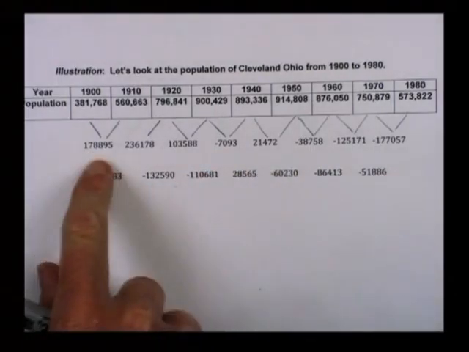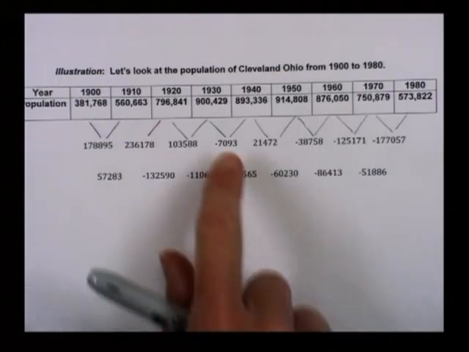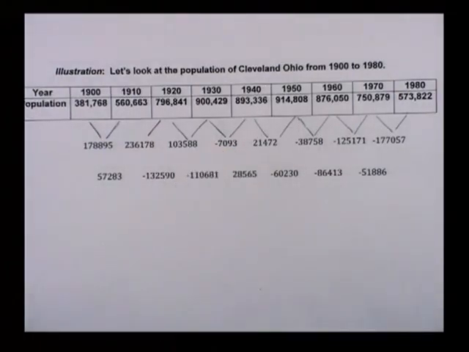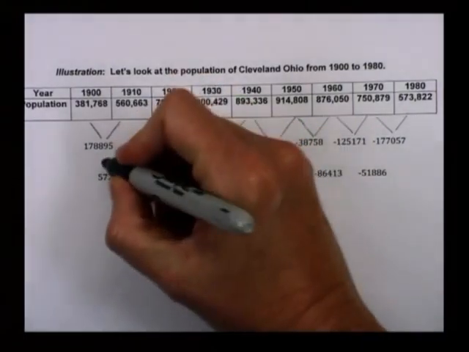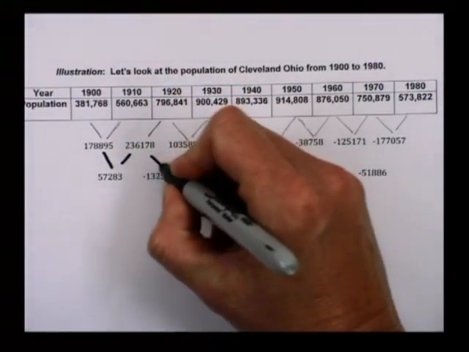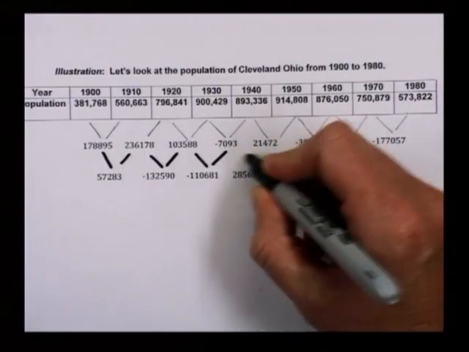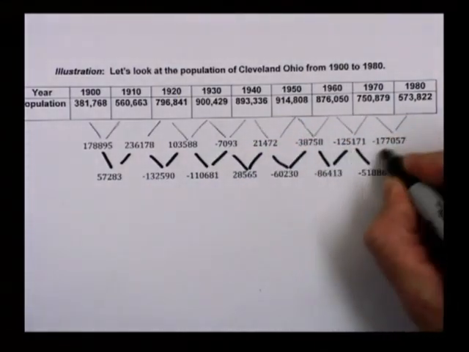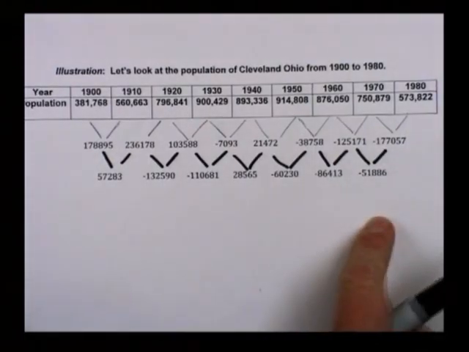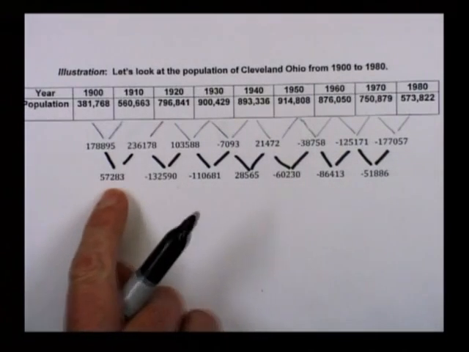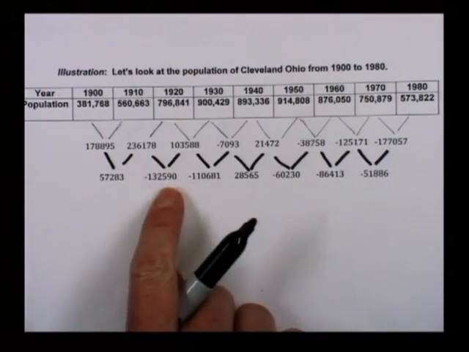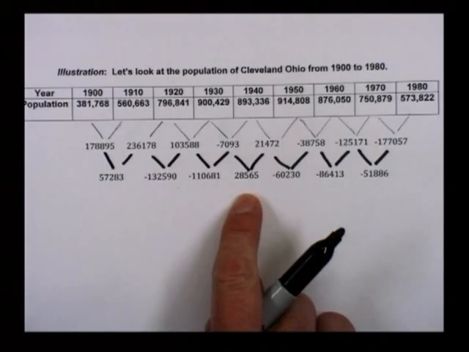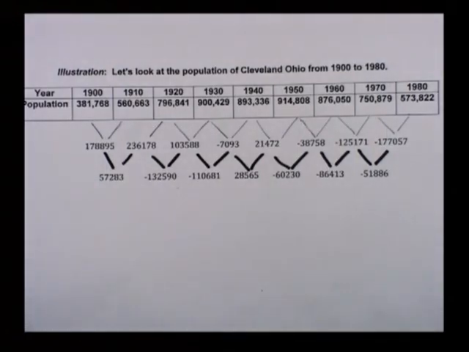I've got 178,000 here, I've got -7,000 here, definitely not linear. However, even when I check my second differences, which I've already done here, you can see they're still not the same. I have 57,000 here, -132,000 here, 28,000 here. Not a lot to go on.